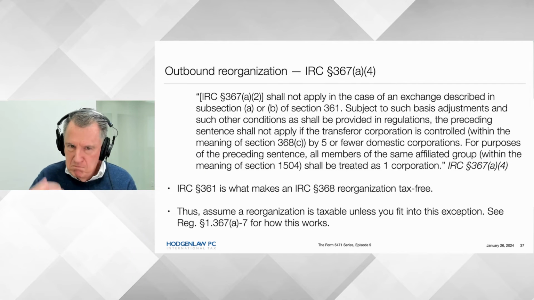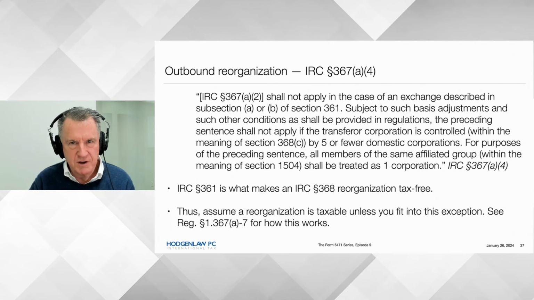In my practice, my life, I don't have this because I don't deal with giant juggernaut multinational corporations that have esoteric structures like this. But this is what you're looking at. And even if all you do as you're going through there, you look at Section 367(a)(4) and then you look at the regulations, say, nope, that doesn't apply to me. That's all you have to do. But at least look at it and check the box saying you looked at it.